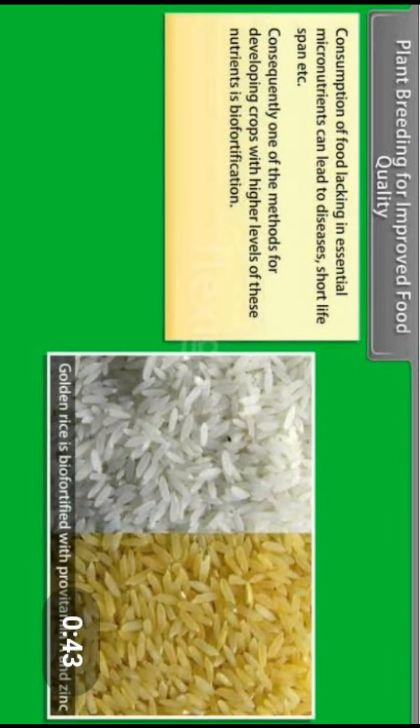Students, next I am going to explain one more small concept: plant breeding for improved food quality. More than 840 million people in the world do not have adequate food to meet their daily food and nutritional requirements.